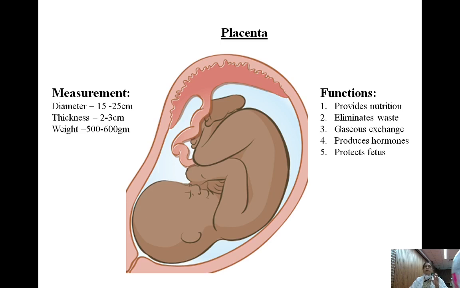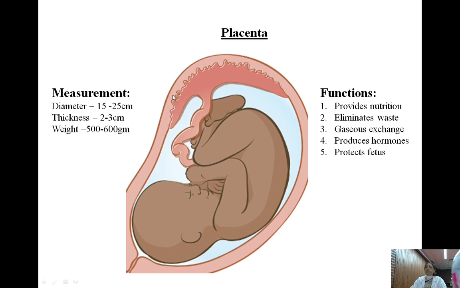It helps in growth of the corpus luteum of pregnancy, which can secrete progesterone, and that progesterone helps to maintain the thickness of the uterine wall, and also prevents the muscular contraction during pregnancy in the early part.